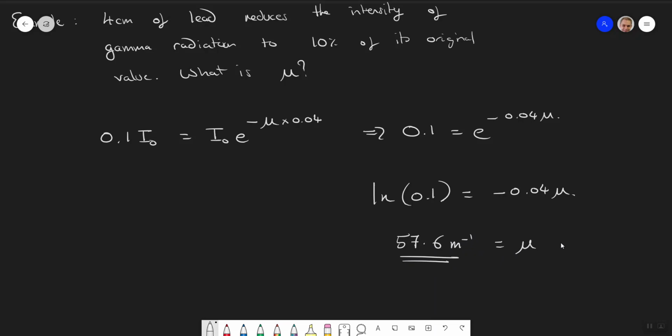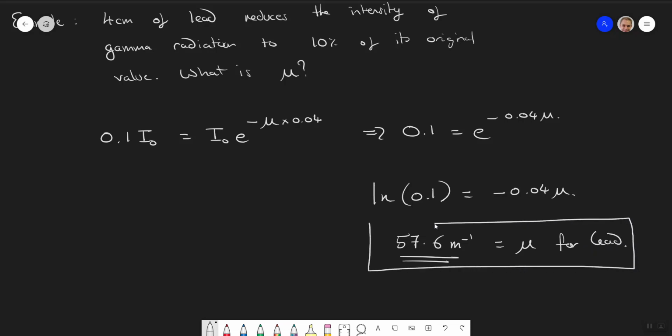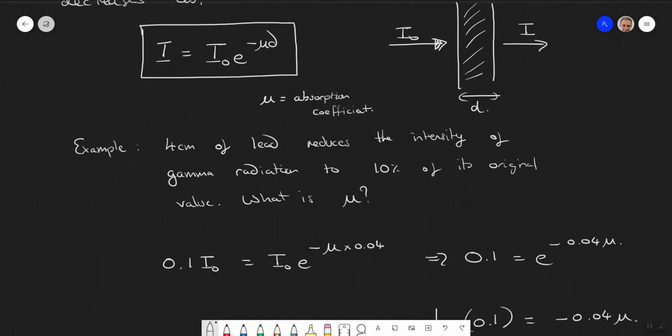That equals mu for lead. There we go. That's a way in which we can handle the absorption of these things as they go through.